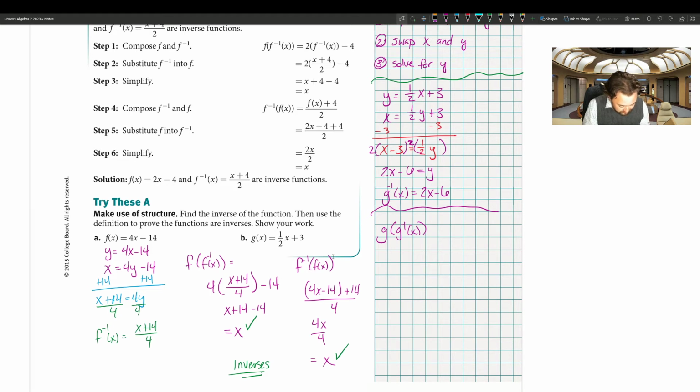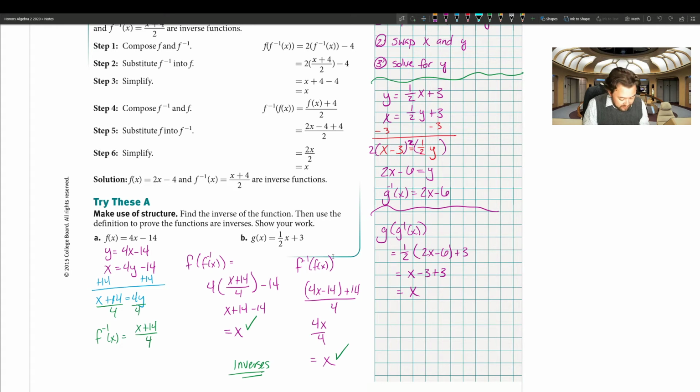Our original was 1 half x, so this would be 1 half times 2x minus 6, plus 3. 1 half times 2 is just x, 1 half times 6 is 3, and minus 3 plus 3 is 0. And we get an x. It's looking good so far.